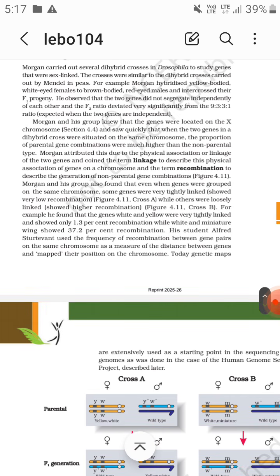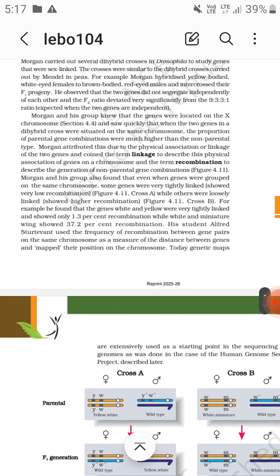Morgan and his group found that even when genes were grouped on the same chromosome, some genes were tightly linked and showed very low recombination, while others were loosely linked and showed high recombination.